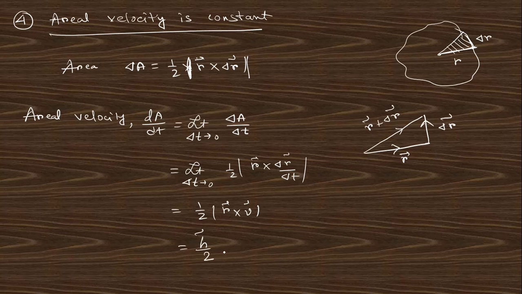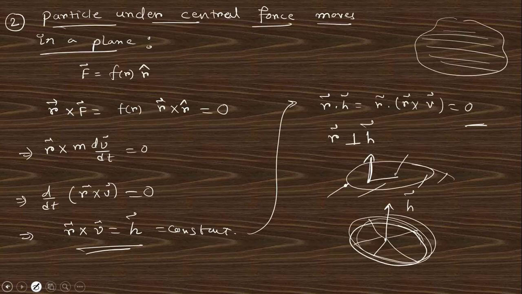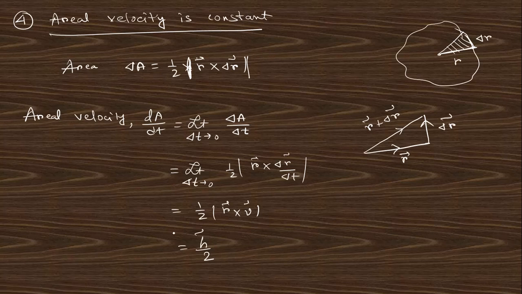So we can write this h vector, which is r cross v, and you know r cross p is the L vector.